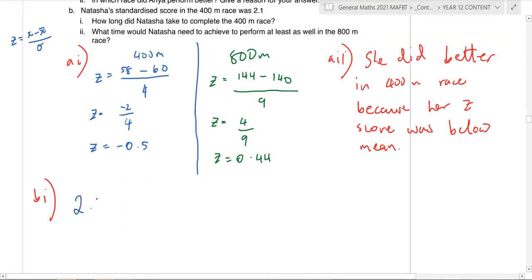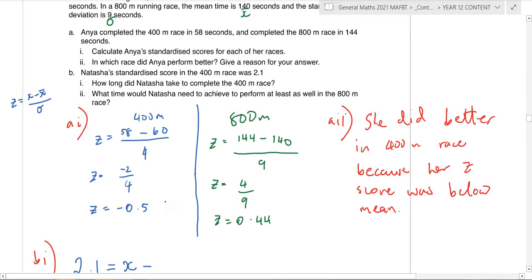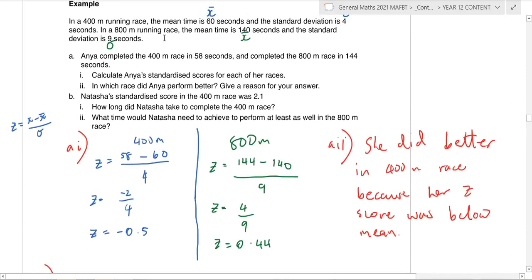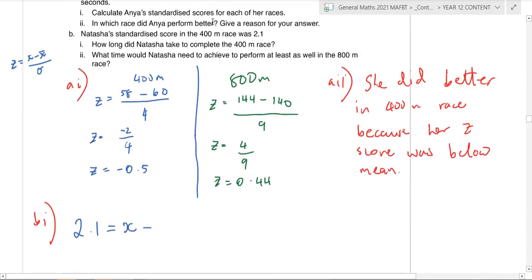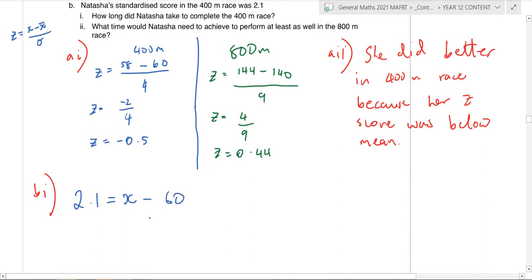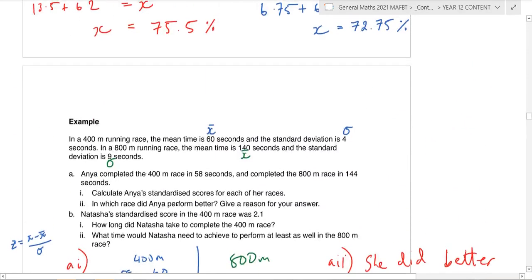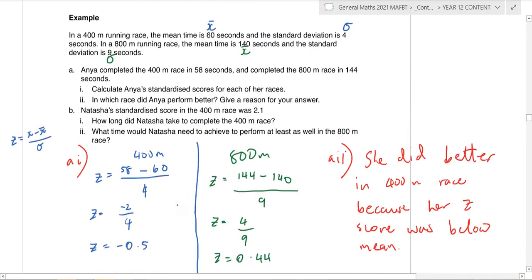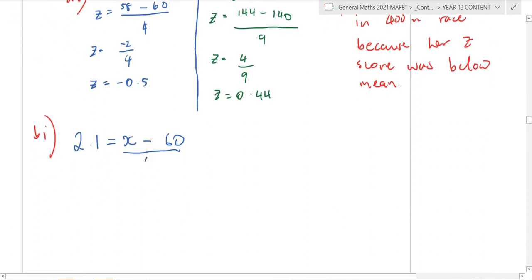So 2.1 equals, and we're trying to find her original time, take away, and for the 400 meter race, remember the mean score is 60, so minus 60, and the standard deviation is 4.